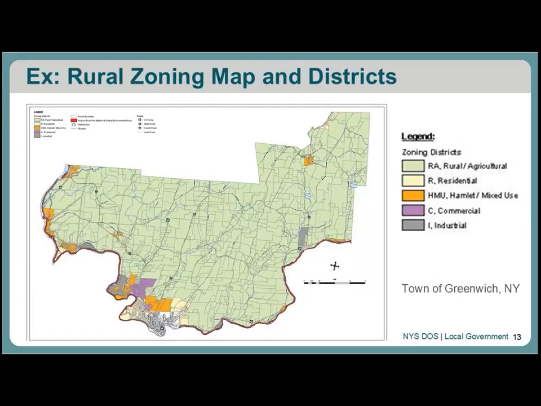All right, so looking at some of the maps that are out there, most of New York State is pretty rural, so we typically see more rural zoning, obviously, in those places. And a lot of times in rural communities, they have a simpler framework for their zoning than places like cities or maybe super suburbanized larger towns.